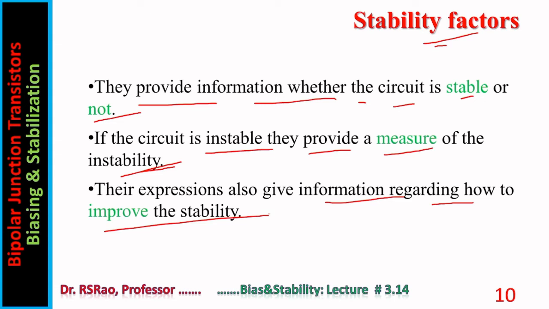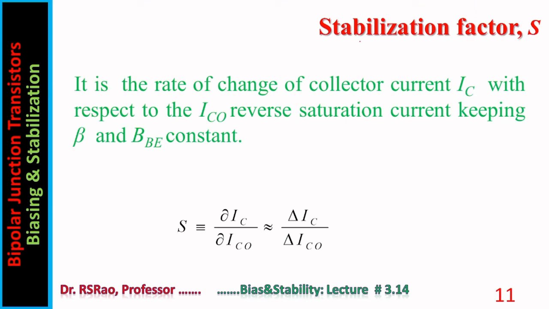They provide us information whether the circuit is stable or not. If the circuit is unstable, they provide a measure of the amount of instability. Their expressions also give information regarding how to improve the stability. So they are useful. Here the definitions of these 3 stability factors are given.